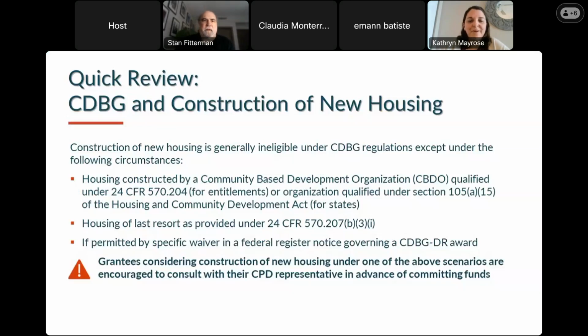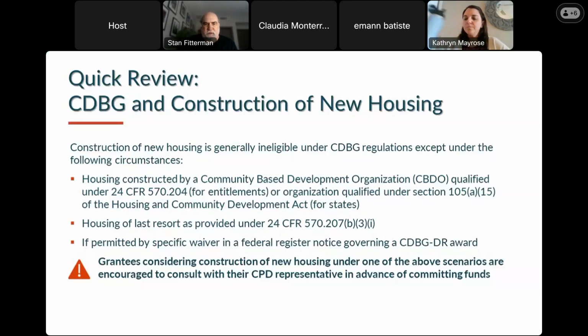Yep, sorry. All right. Just a reminder, the construction of new housing is generally ineligible under CDBG regulations, except for housing constructed by a community-based development organization, or CBDO, the requirements of which are outlined in the citations we have here and in the rule for entitlement and for states.